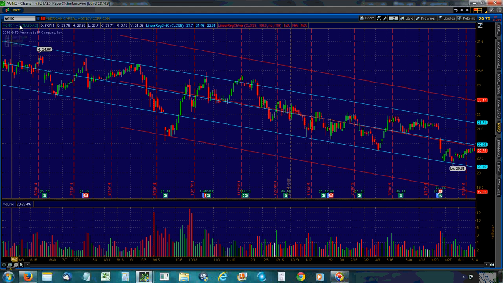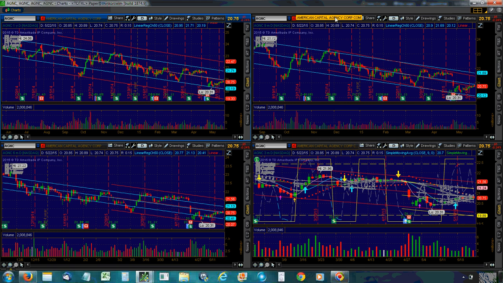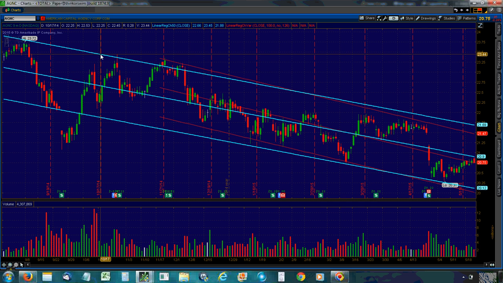This is a 1 year daily period, and we can see the trend line for 1 year. In the upper right corner, we have the 9-month daily chart. This has the 9-month regression trend lines.